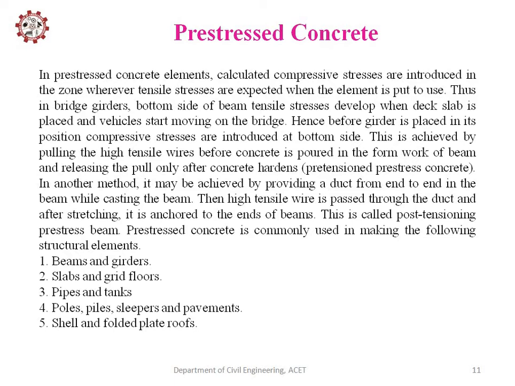Then high tensile wire is passed through the duct, and after stretching it is anchored to the ends of the beam. This is called post-tensioning pre-stressed beam. Pre-stressed concrete is commonly used in making the following structural elements. Let us consider further pre-stress and post-tensioning.